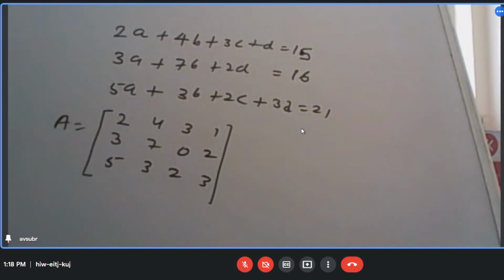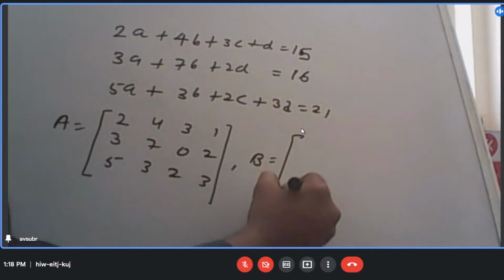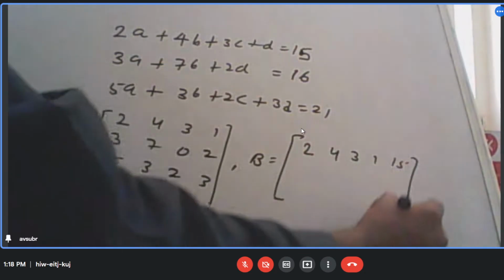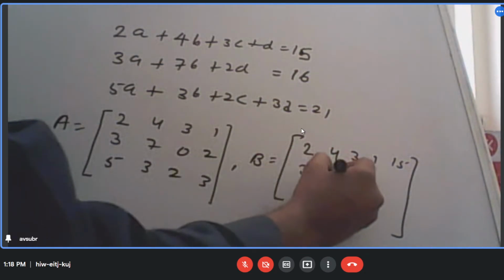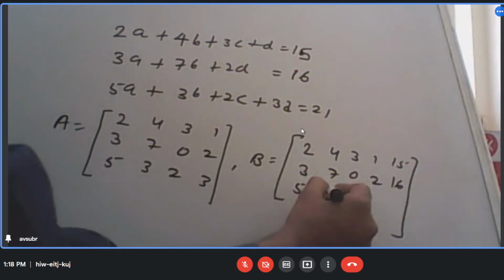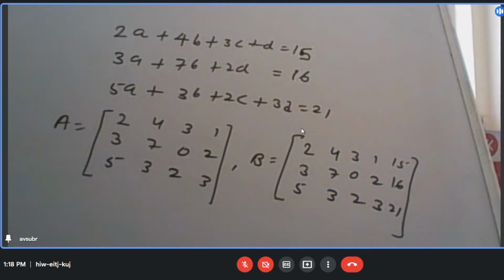Is it okay? And the augmented matrix is 2, 4, 3, 1, 15. 3, 7, 0, 2, 16, and 5, 3, 2, 3, 21. Is it okay?